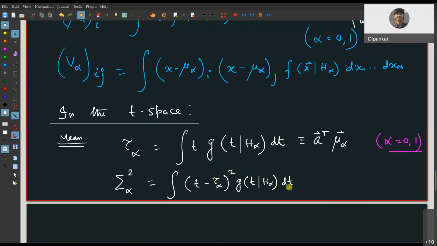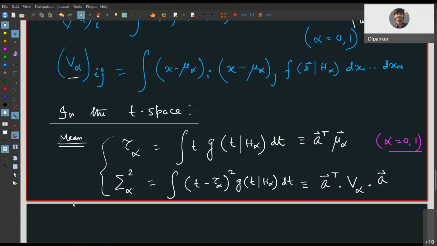This is basically a similarity transformation in terms of the coefficient matrix A. In the new basis it is A transpose times the old matrix V alpha, times A. So this is my new sigma square. So this is the mean and the sigma alpha square.